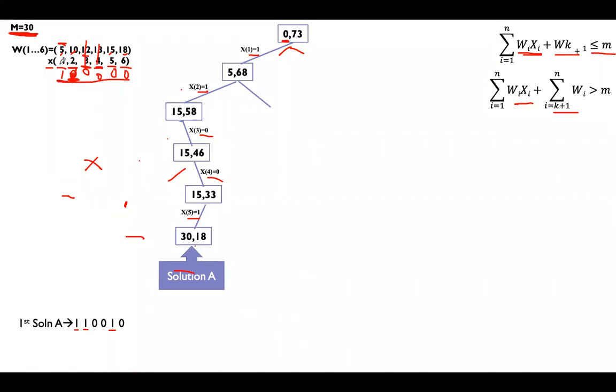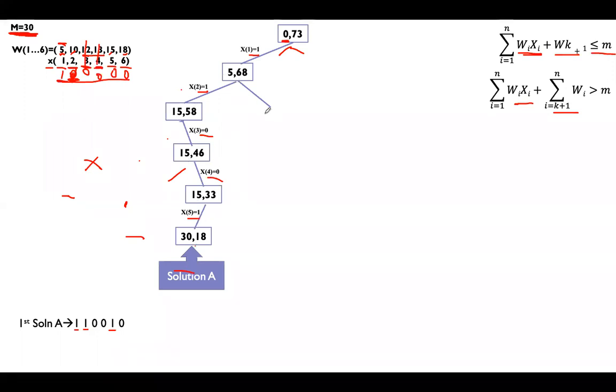See, by looking at these numbers, you can say if you select 5, then the next ones should be 12 and 13. 12 and 13 means you should not select the second element. So I will branch out here only. Already we have found the first solution.